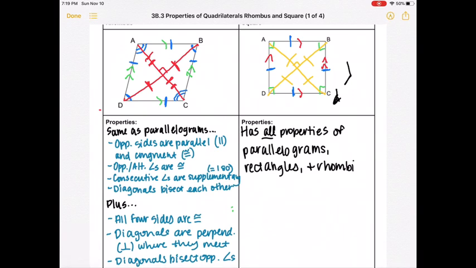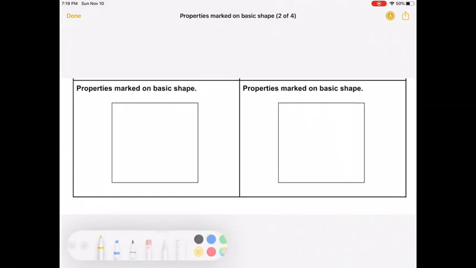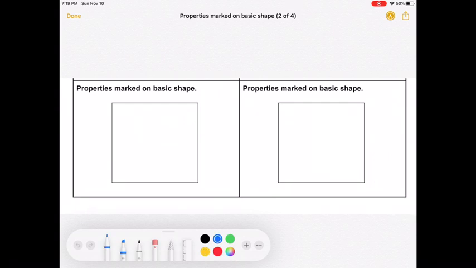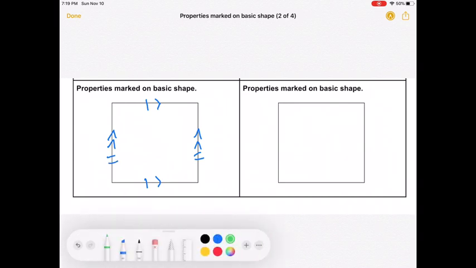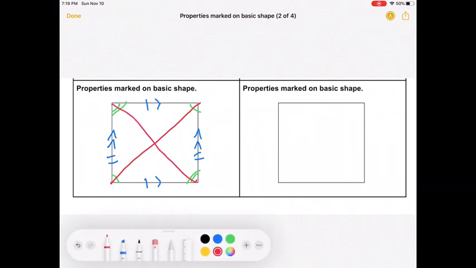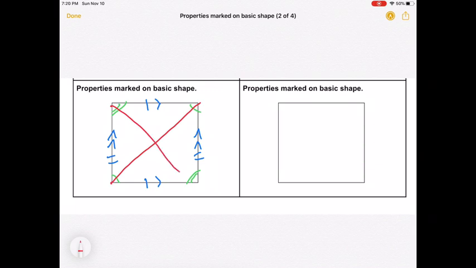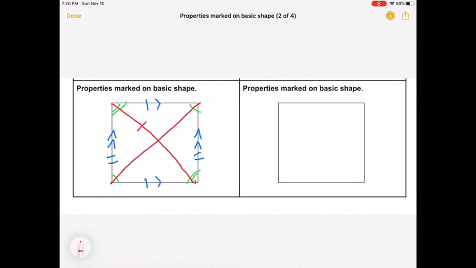Okay, so then pop down here and just copy everything from the top. Hopefully your lines look better than mine do. Yeah, that one's fine.